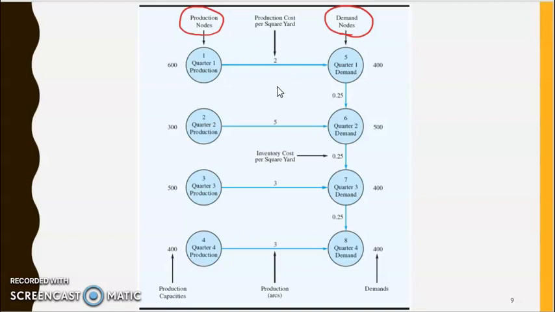Okay, when it gets some carpets here, okay, it starts satisfying this demand of 400, and after that start to send the rest to the next quarter.